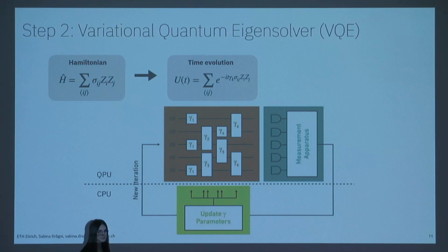From the probability distribution, you can compute the energy corresponding to that state. Then you use a CPU, the classical side, to perform a gradient descent step and adjust the parameters. Then you feed the new parameters into your circuit, and you iterate over this loop until your minimization algorithm converges.